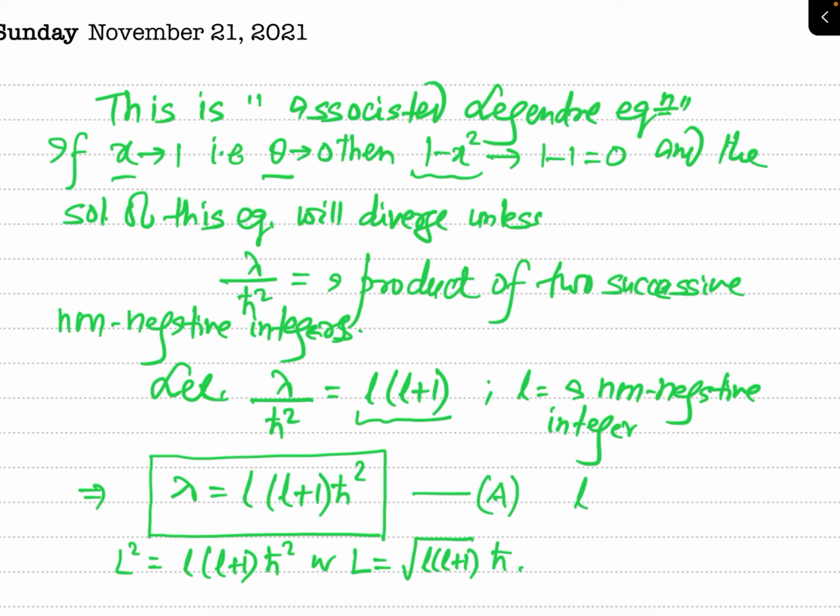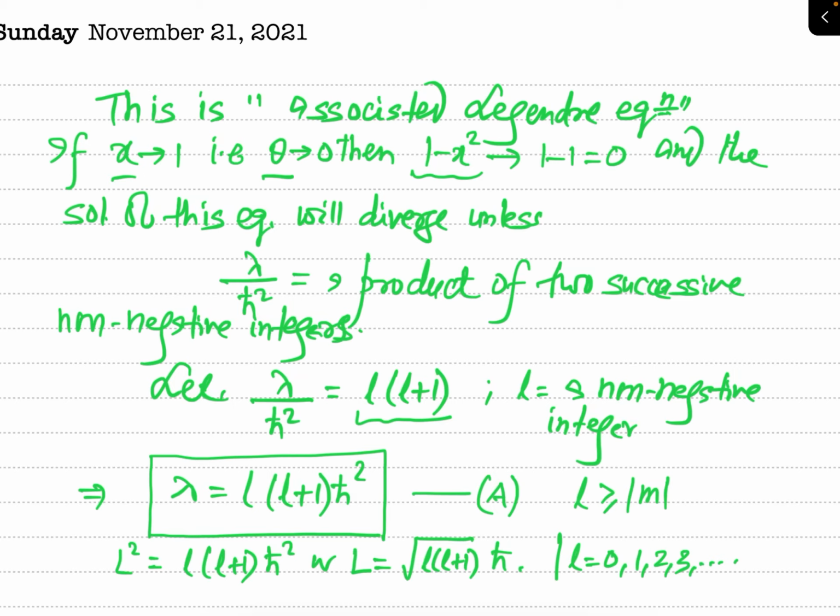In fact, here this L must be greater than or equal to the modulus of m. m may be negative, but L is a non-negative integer, so it cannot be negative. L can be 0, 1, 2, 3, and so on.